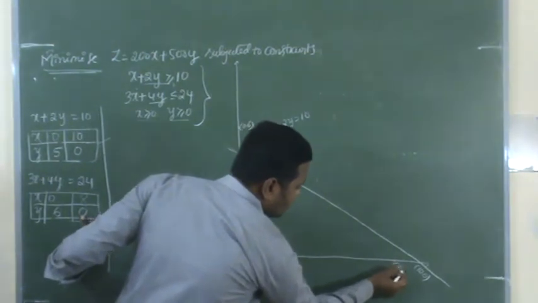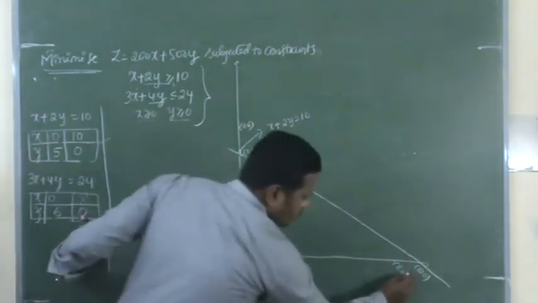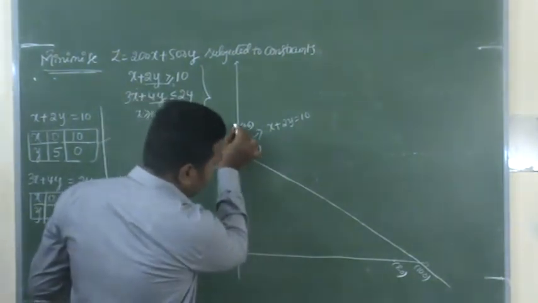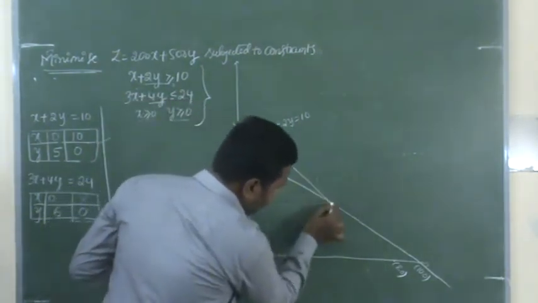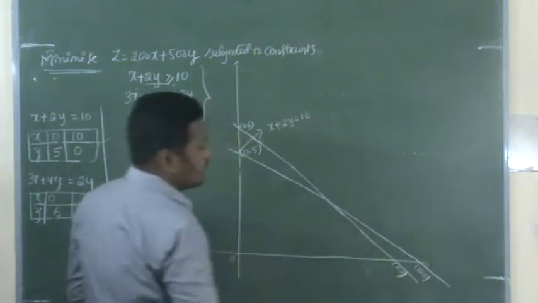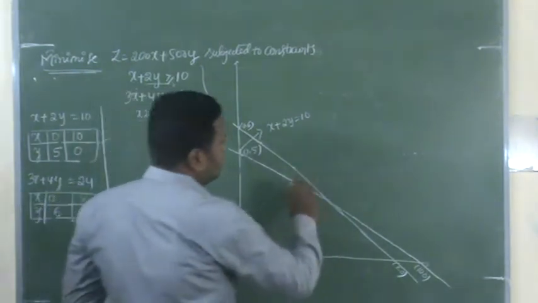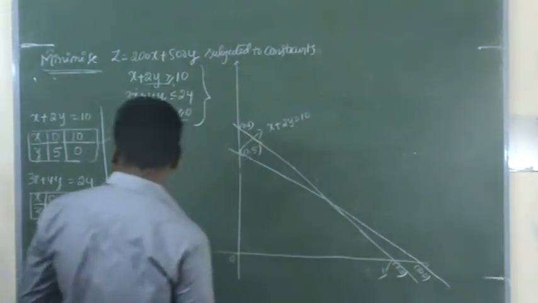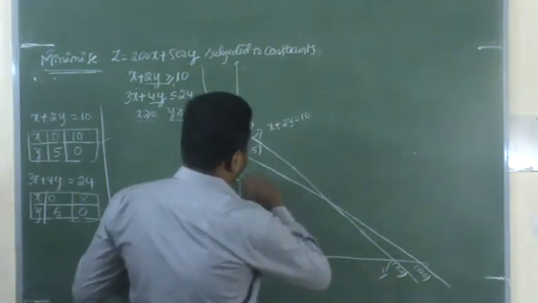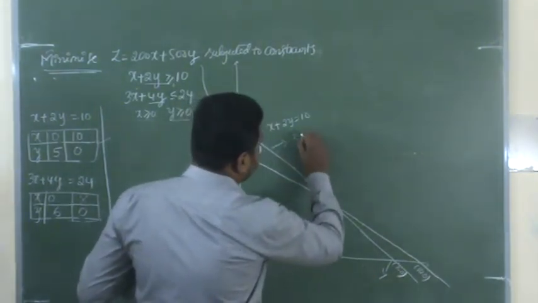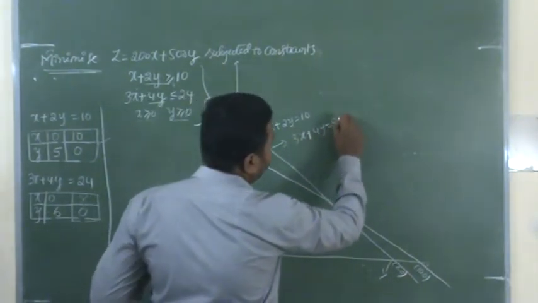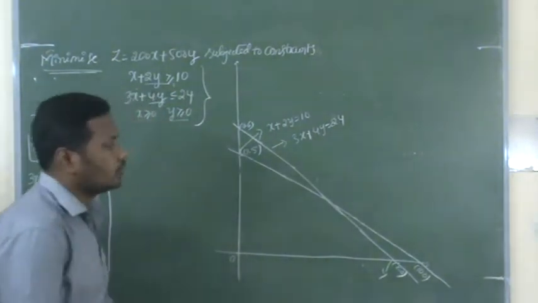This is (8, 0). This is the line. So this is the equation of the line: 3x plus 4y is equal to 24.